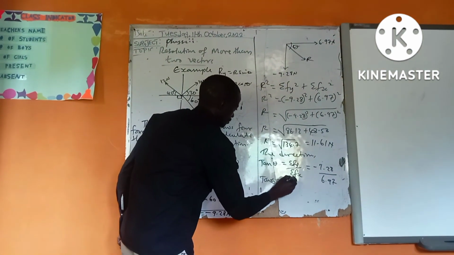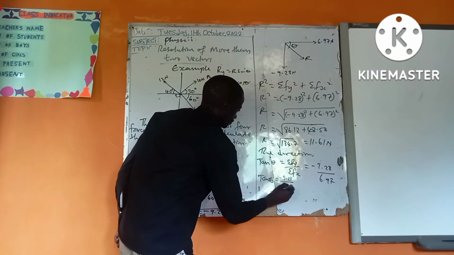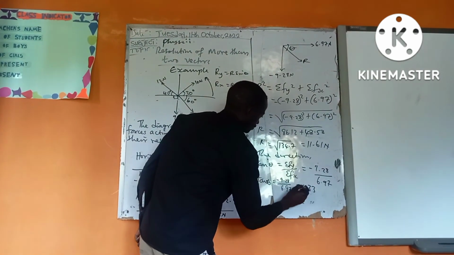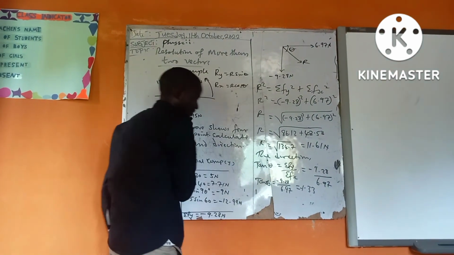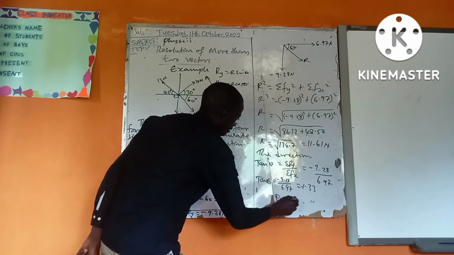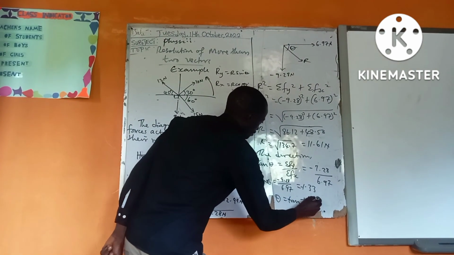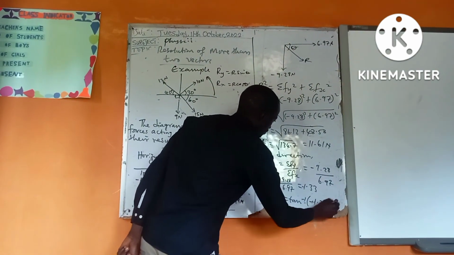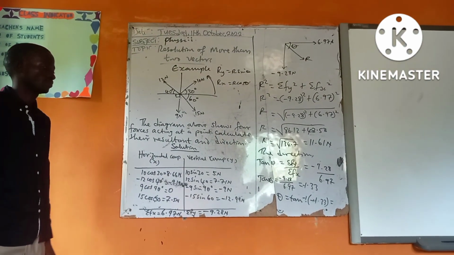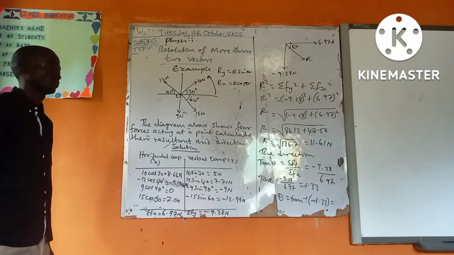So the answer is minus 1.33. So theta now is going to be tan inverse of minus 1.33. The answer is minus 50.